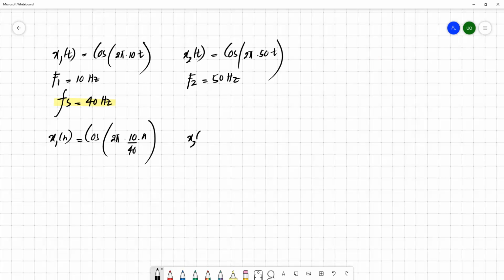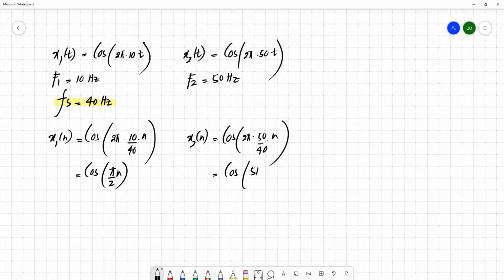Similarly, x2(n) would be cos 2 pi 50 divided by 40 times n. If you simplify this, it equals cos 5 pi over 2 n, and this is actually cos 5 pi over 2.